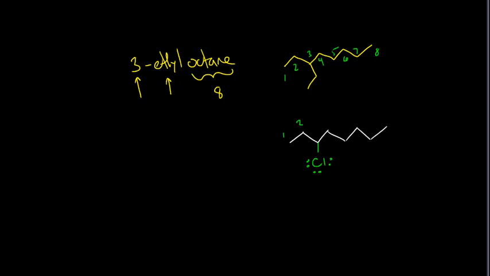Position 1, 2, 3, 4, 5, 6, 7, 8. So our parent chain is octane. We have a chlorine at the third position, so we change the word chlorine to chloro. So we have 3-chlorooctane.